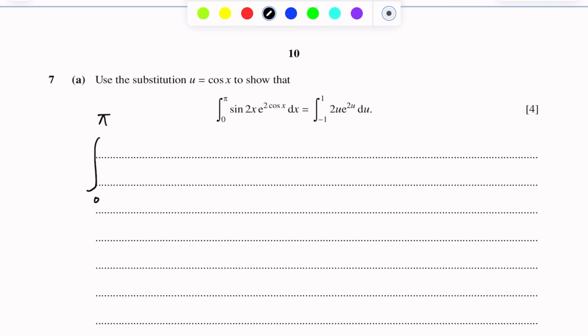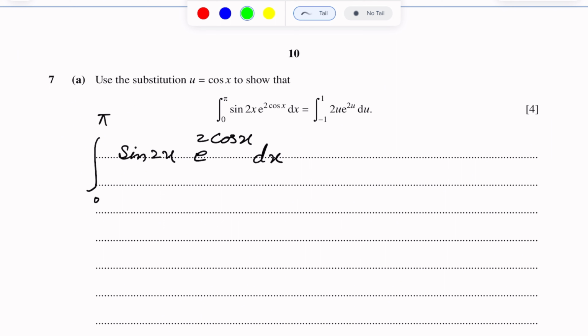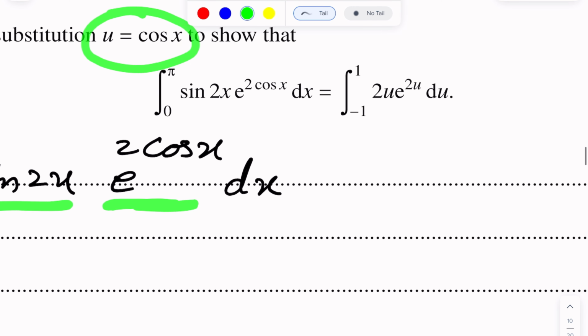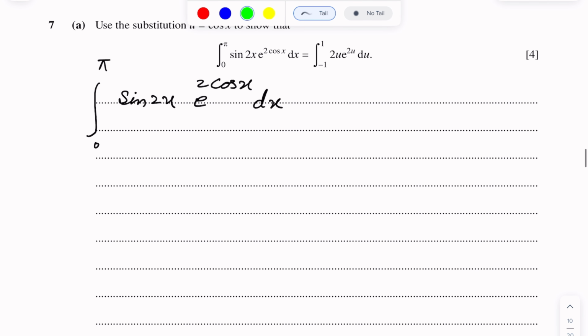The integral from 0 to pi of sin 2x e power 2 cos x with respect to x. These are two functions, a product of two functions. Substitution is u is equal to cos x.